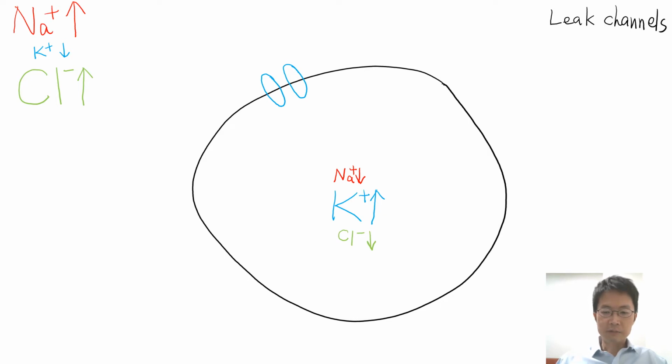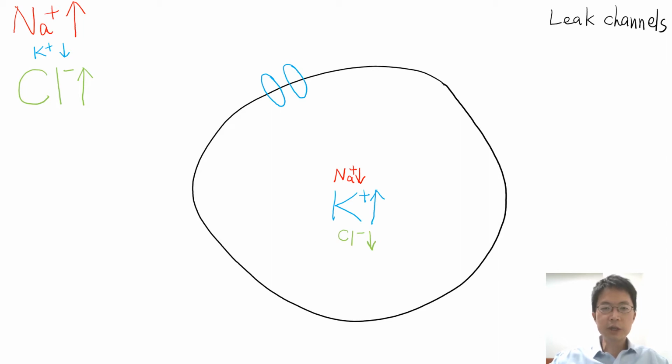So the blue one here is the potassium leak channel. It allows potassium to go through. Most neurons have a lot of potassium leak channels, and these potassium leak channels are open all the time. In other words, potassium can go in and out freely. Okay, it's not one-way opening. Potassium can go through it freely.